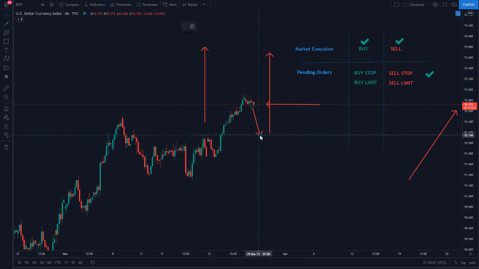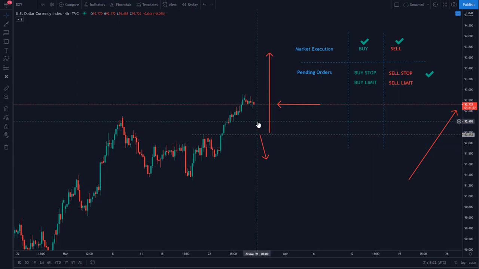Now, if the dollar index buy limit activates here and starts going this way, then we're in the negative, because a buy limit means we're buying at this limit and expecting the market to go back to our direction, which is the upside. I hope this is clear. It's really simple and straightforward.